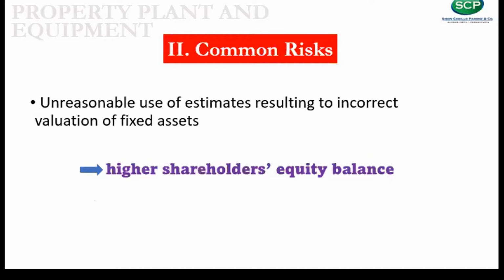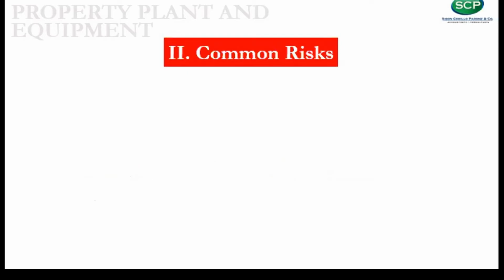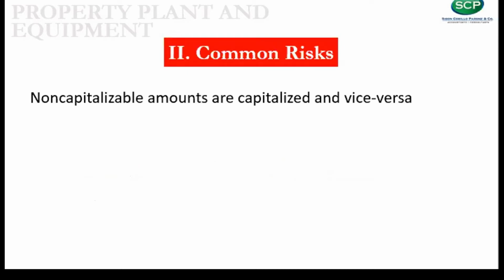The next common risk that we will discuss is non-capitalizable amounts are capitalized and vice versa. Whether intentionally or unintentionally, overstatement or understatement in fixed assets can occur from improper accounting of costs.